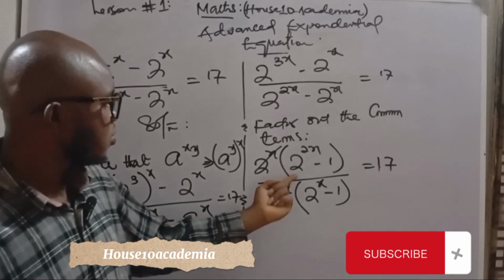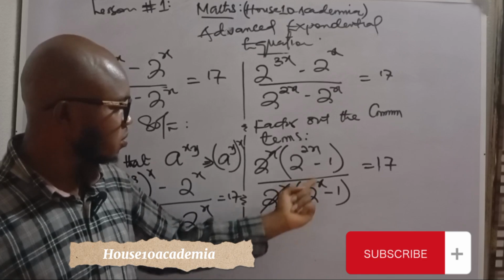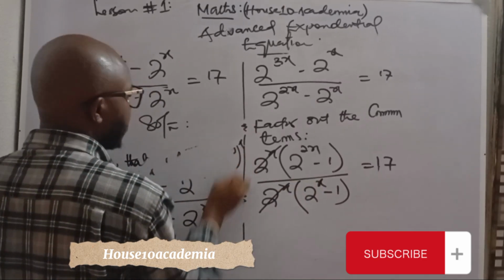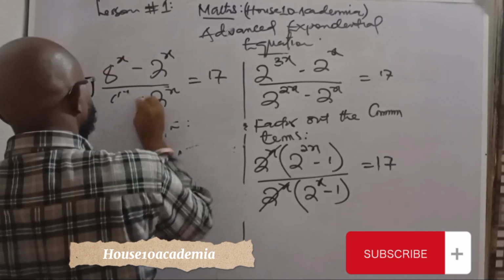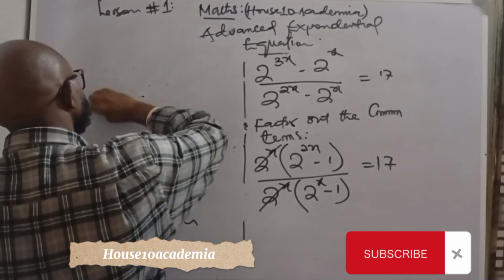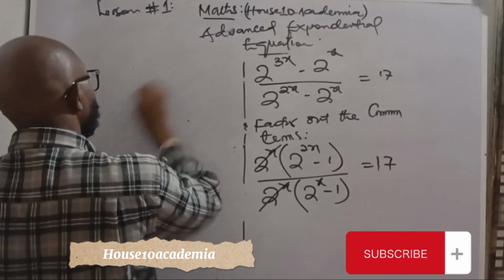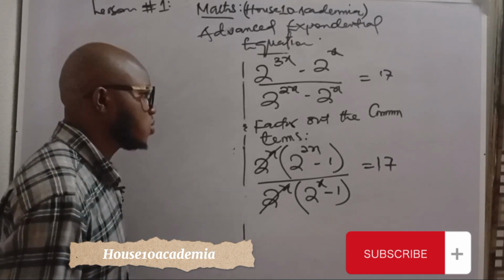So here now we have 2 raised to power 2x minus 1, 2 raised to power 2x minus 1. So at this junction, we're going to apply the difference of two squares.